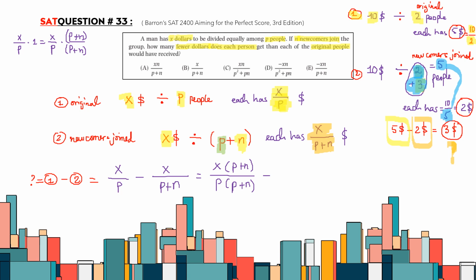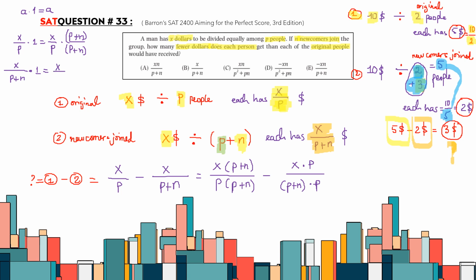For the second fraction, we're lacking the factor P, so we multiply by P over P. X over P plus N multiplied by 1 is the same thing, because anything multiplied by 1 is that thing.